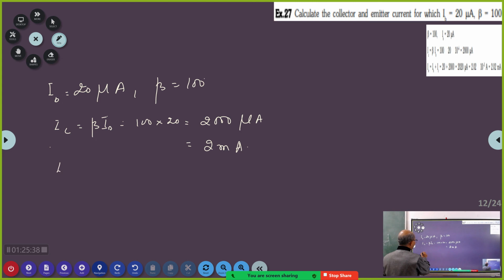And the emitter current. If you know the collector current, you can find the emitter current. It will be IC by alpha. Correct, or IC plus IB, you can do IC plus IB.